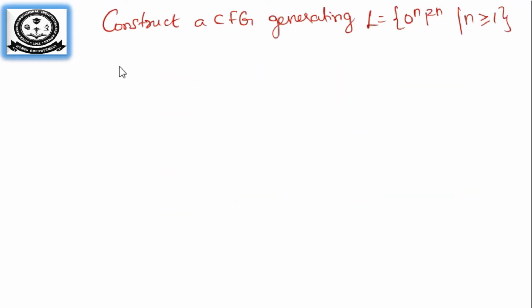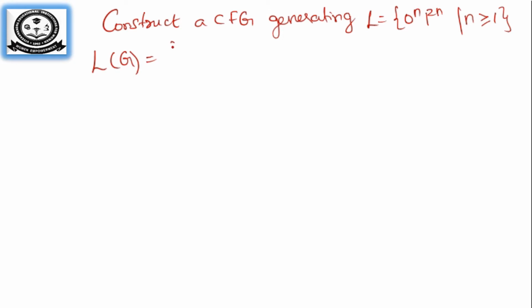The next problem we are going to see is to construct a context free grammar for the given language, 0 to the power of n, 1 to the power of 2n. So if n is 1, you will have a single 0, then you will have two 1s. So let us generate the language first. So what does the question actually tell us?